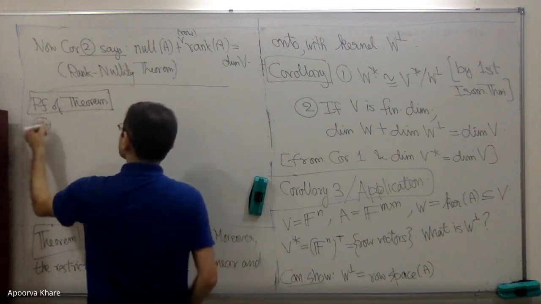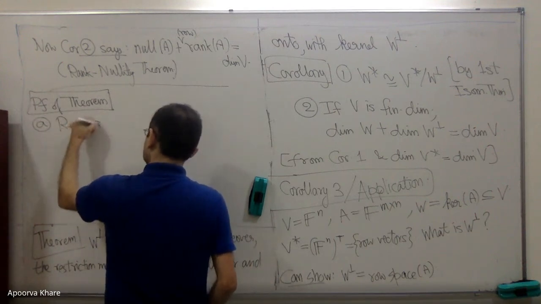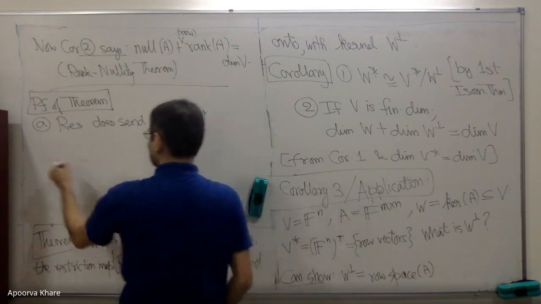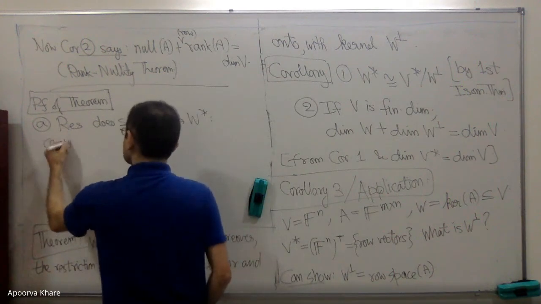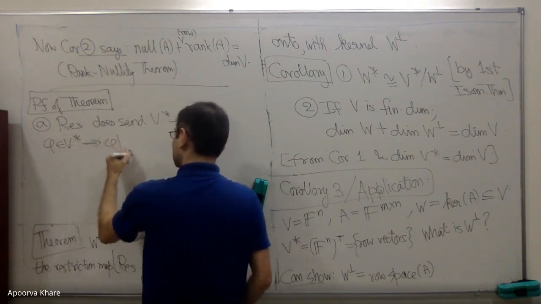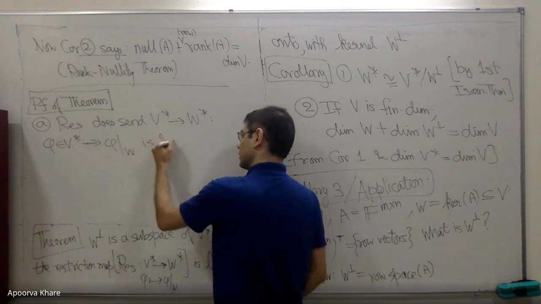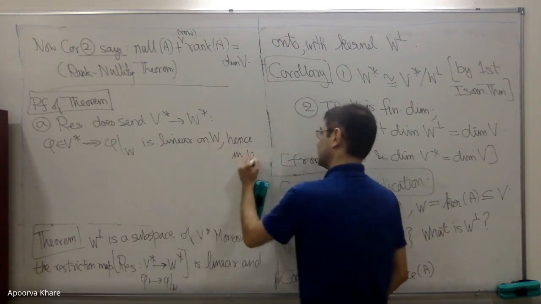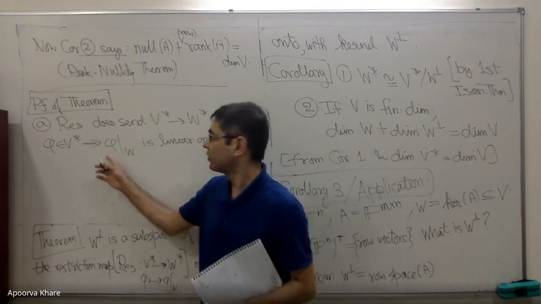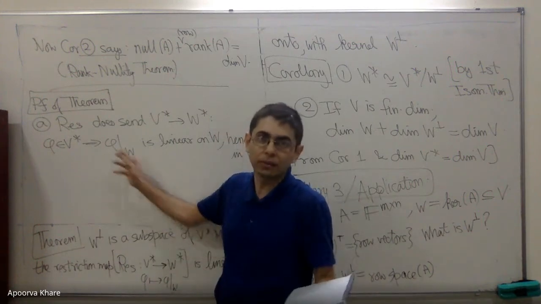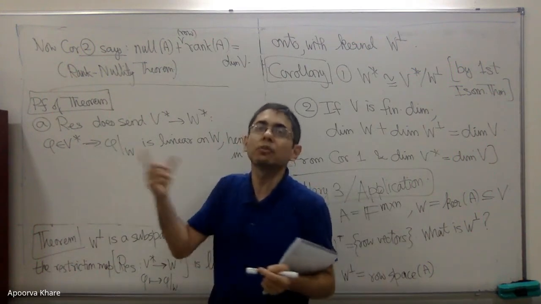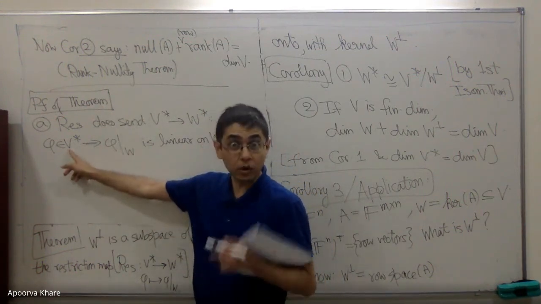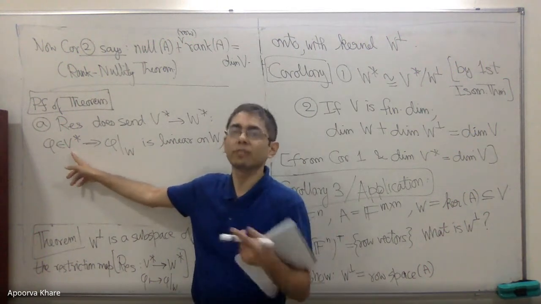Okay, so step A is that the restriction map does send V star to W star. That is clear, right? You take any map phi in V star, this implies phi restricted to W is linear on W. If you know that phi of every element of W is an element of V, so if you take phi of cw plus w prime, where w and w prime are in W, therefore phi of cw plus w prime, because it is linear on all of V, is indeed c phi of w plus phi of w prime.